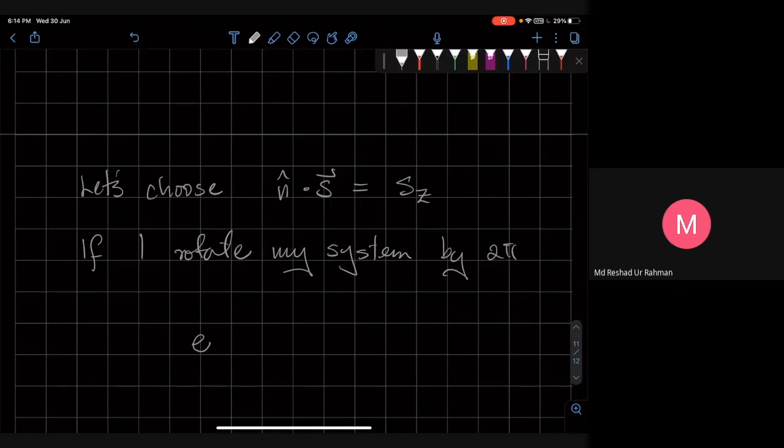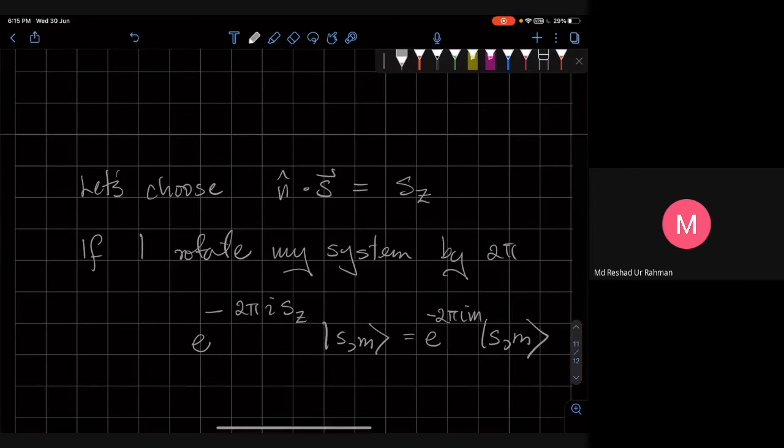This unitary operator is going to be e to the power minus 2 pi i S_z acting on the basis vectors which are |s,m>. But of course, m is going to be the eigenvalue, just as we saw in the orbital angular momentum. It's going to be e to the 2 pi i m times |s,m>.